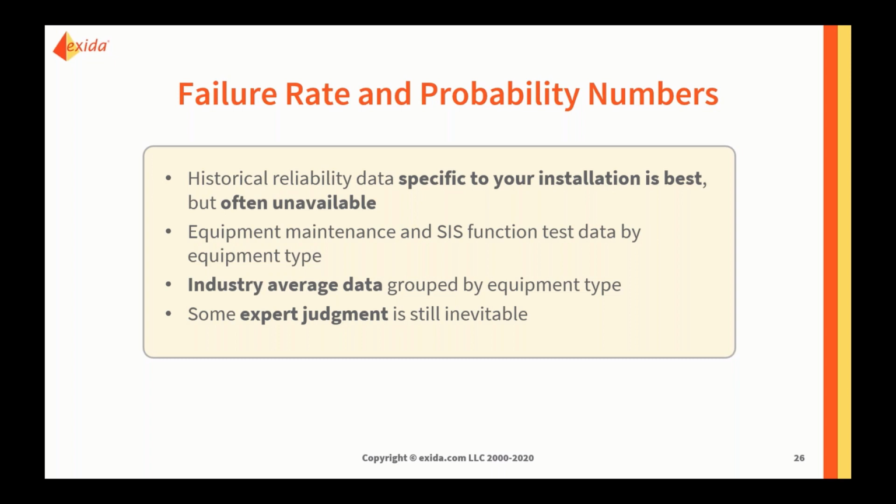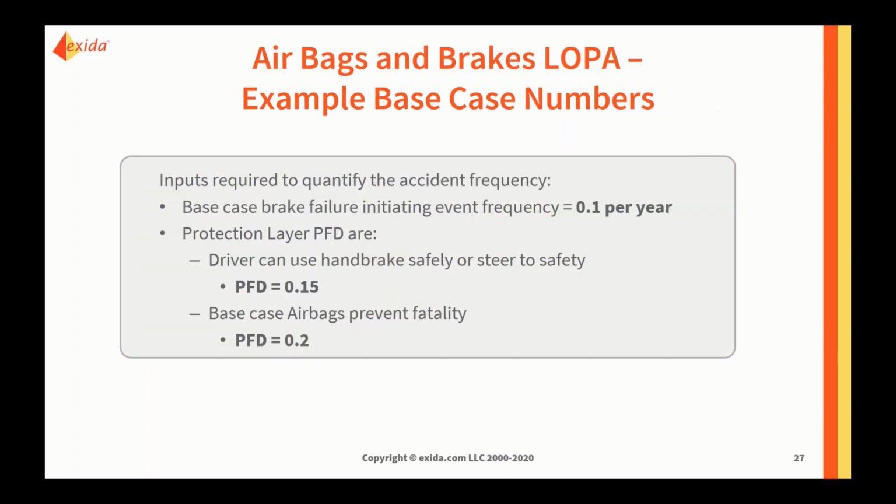So assuming that we get some reasonable numbers, we can put together what I'll call a base design. And this is with basic equipment, nothing up into the SIL levels at this point, as our reference risk analysis, our semi-mitigated accident frequency. So we would potentially look at one dangerous brake failure every 10 years.